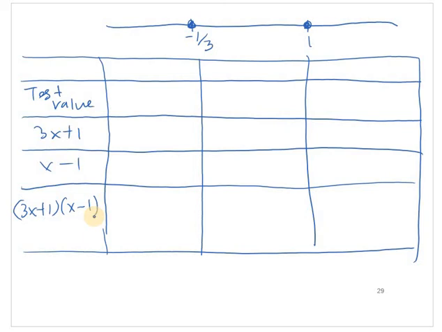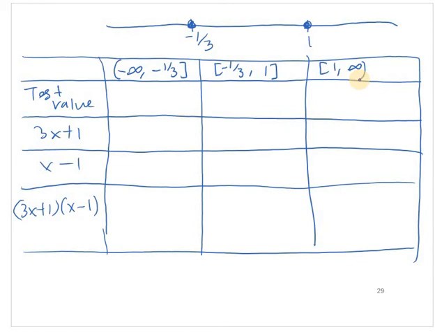So for this column, we have negative infinity to negative 1 over 3. The second part is negative 1 over 3 to 1. And the last part is 1 to infinity. So it represents the space from our number line. Then take a test value to represent each interval.